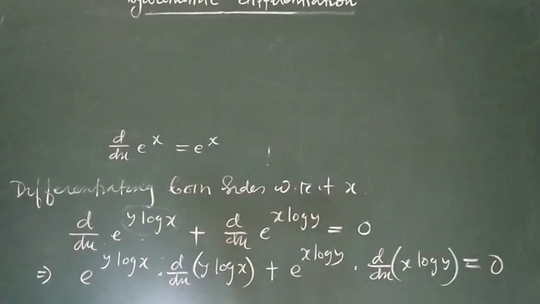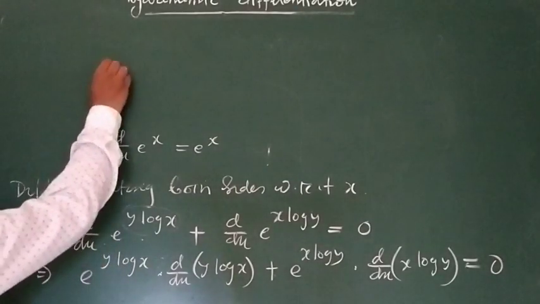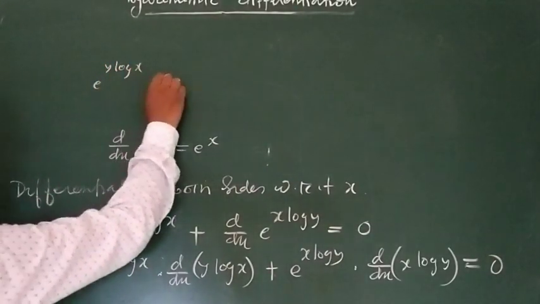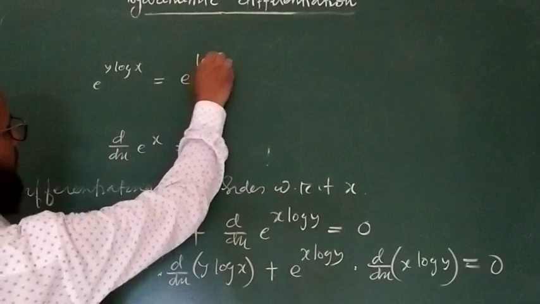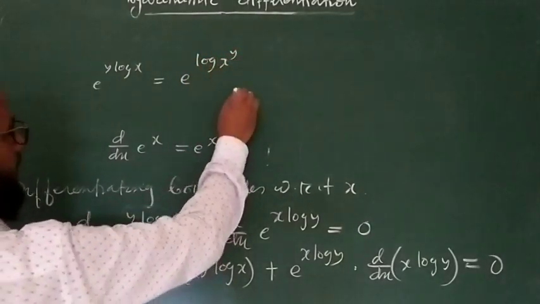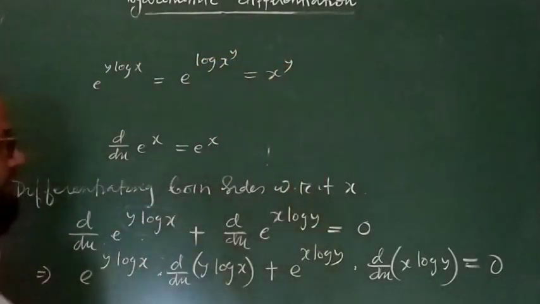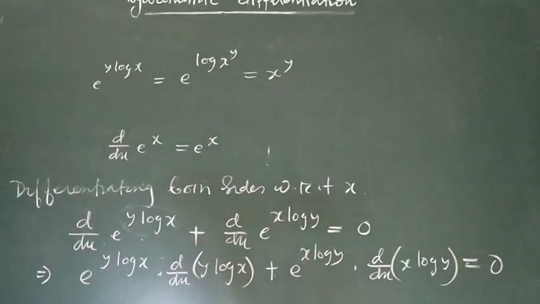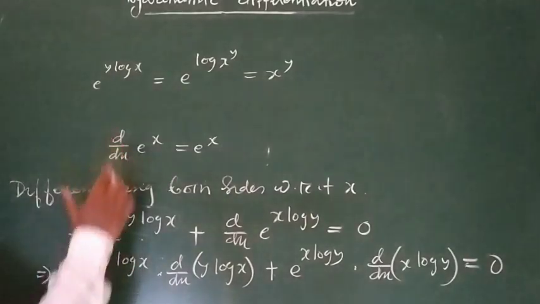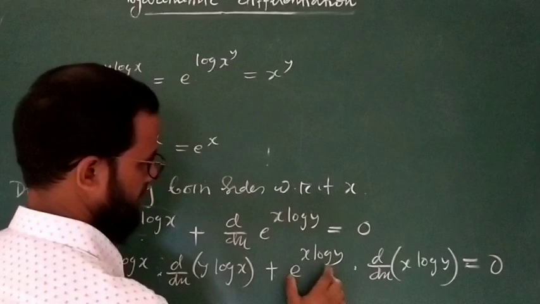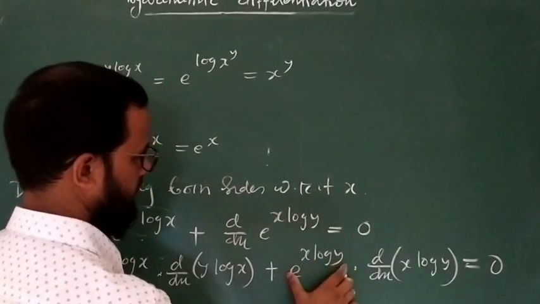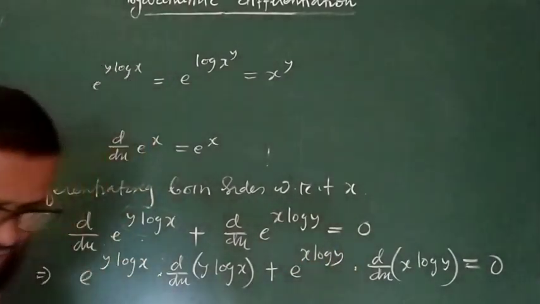I think a very important thing is e to the power y log x. What was e to the power y log x? Let us check again, it was e to the power log x to the power y, which is equal to x to the power y. Understood? We can write x to the power y, and similarly this can be written as y to the power x.